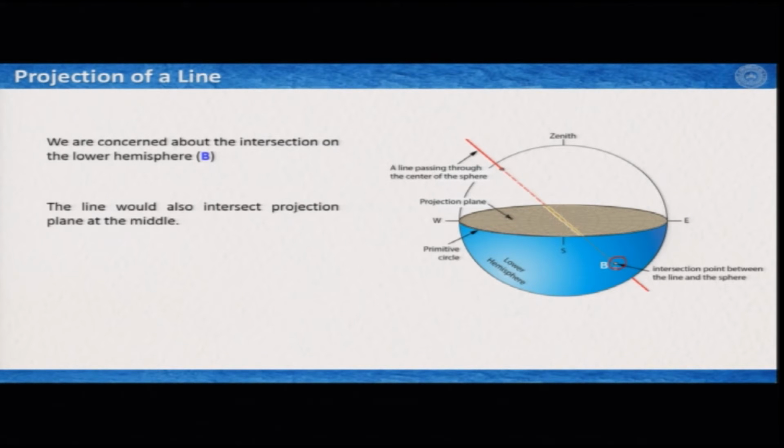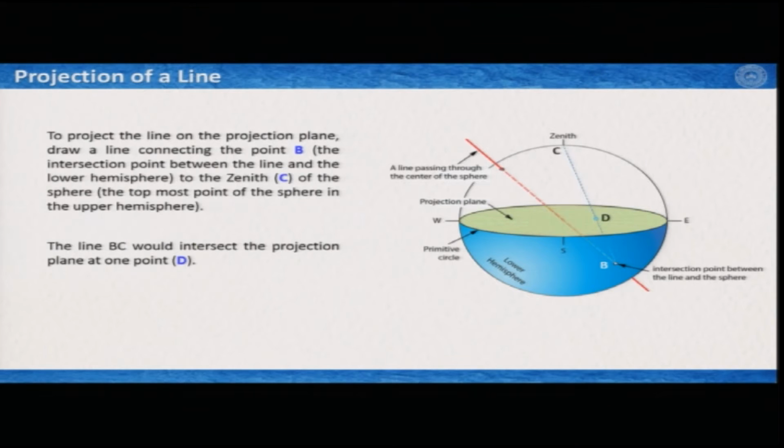So, this point B, which is actually the line, would also intersect at the middle point of this projection plane or the primitive circle. Now, to project this line on this primitive circle, the task is to draw a line connecting the zenith of the sphere, which is point C here, and the point B, that is the intersection point between the line we are concerned with and the sphere.